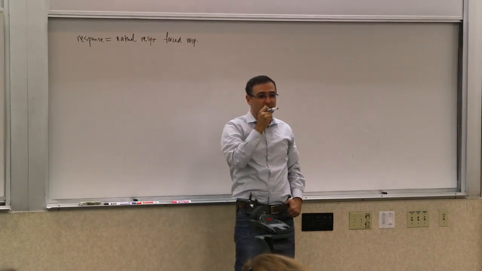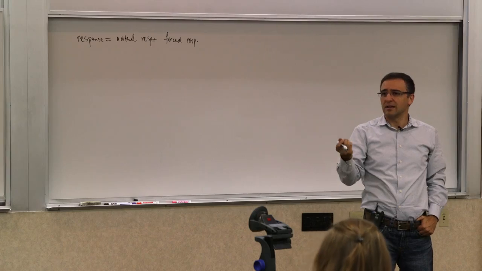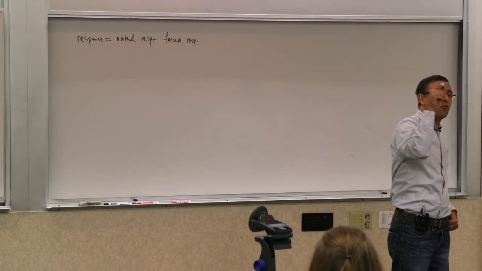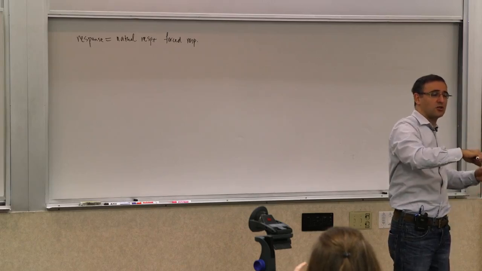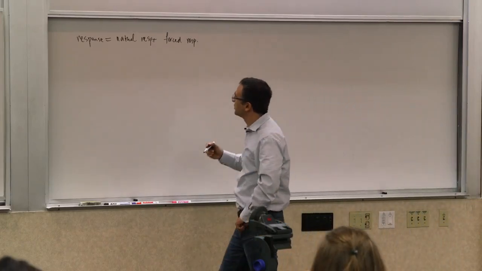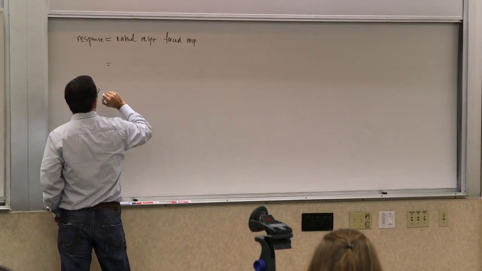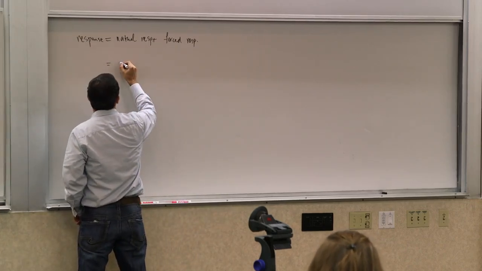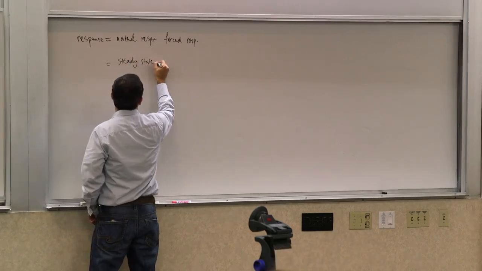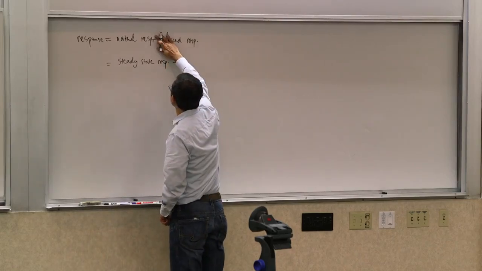The natural response of the system is basically the way the system behaves in the absence of an outside stimulus. And the forced response is what it does when it's dominated by the forced input to it. We could also write this in a different way. We could also write it as the sum of the steady state response and the transient response.